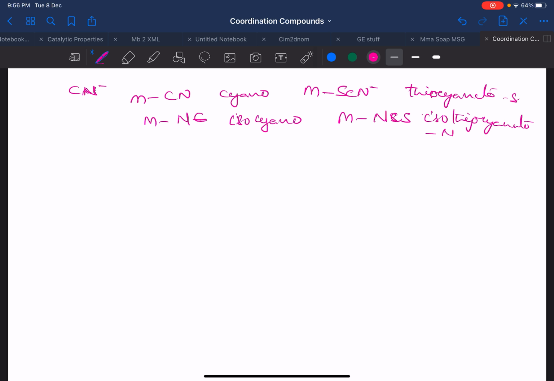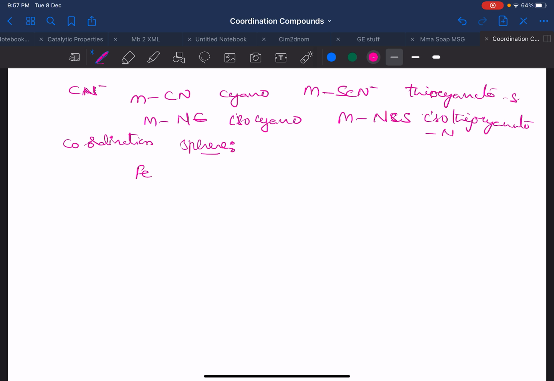And the next one is the coordination sphere. The atoms or ligands which are attached to the central metal atom are called the coordination sphere.